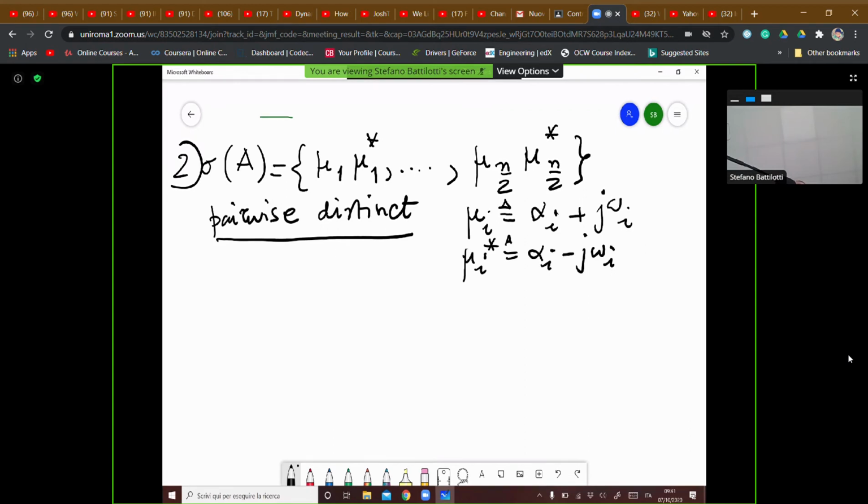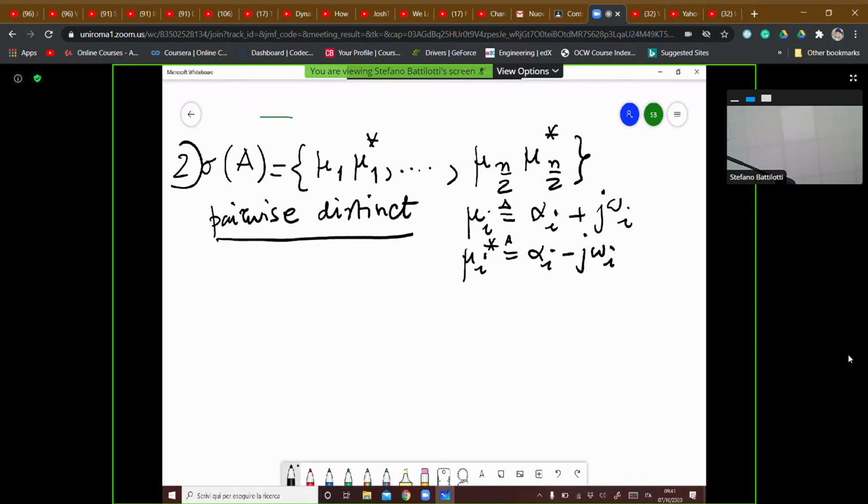So we cannot clearly represent the solution with natural modes which have a physical meaning, because in the complex basis we will get something which is complex, so not real, not physically meaningful.